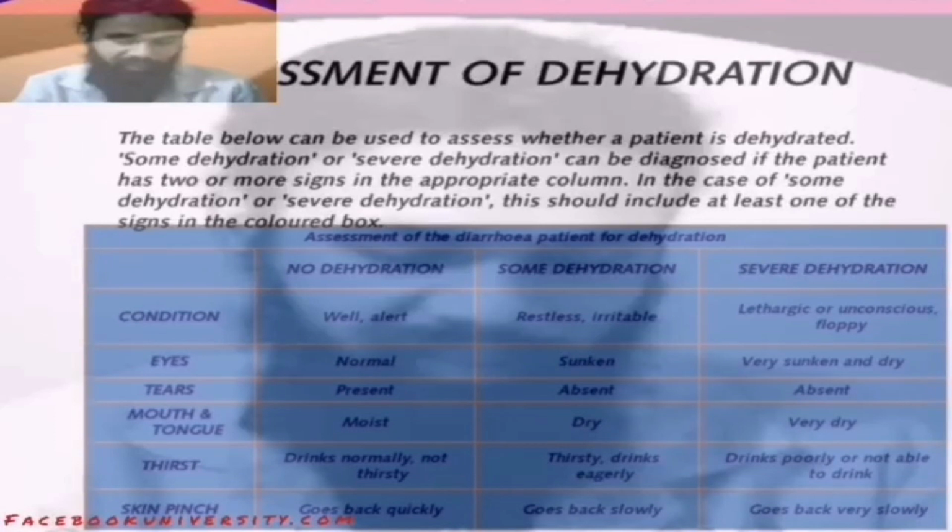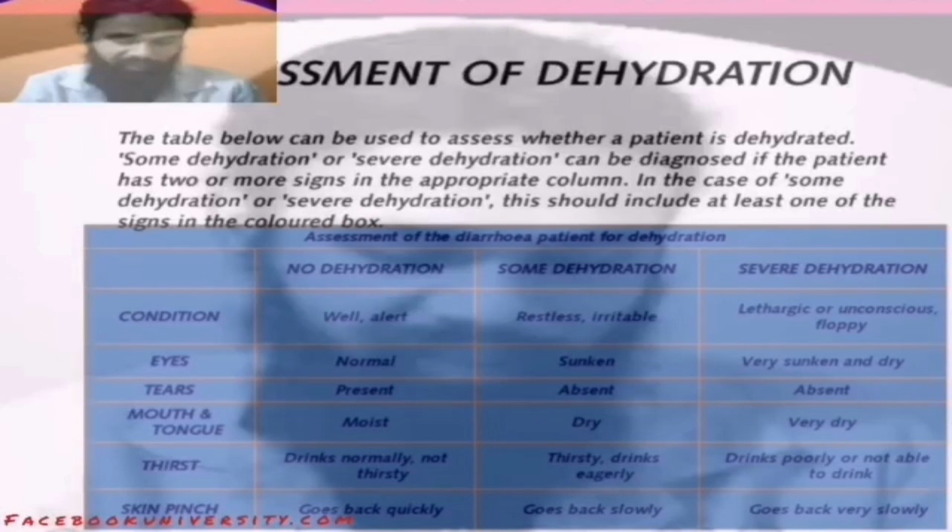Eyes are normal in no dehydration, while in some dehydration eyes are sunken, and in severe dehydration eyes will be very much sunken and dry. Tears will be present in no dehydration, while absent in both some and severe dehydration.